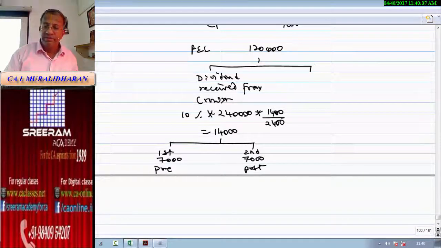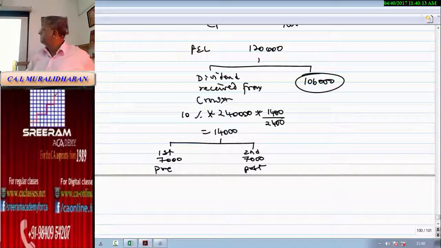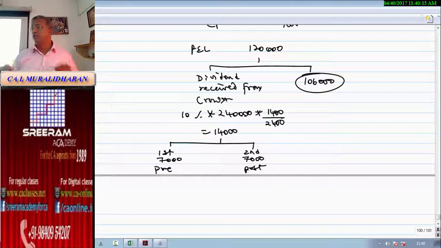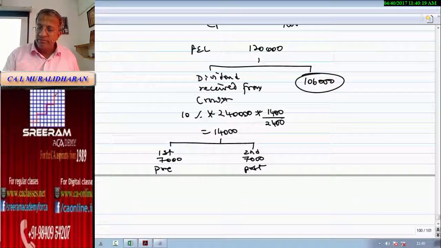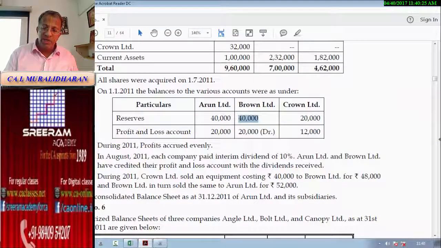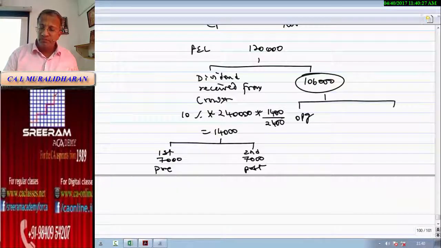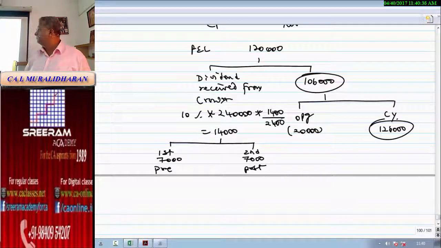Then the balance amount is 1,06,000. Am I right? This should be the correct amount that we should have taken up. But anyway, we will bring out further analysis. What is opening balance? Opening balance being 20,000 negative. So current year figure should be 1,26,000 balancing figure.